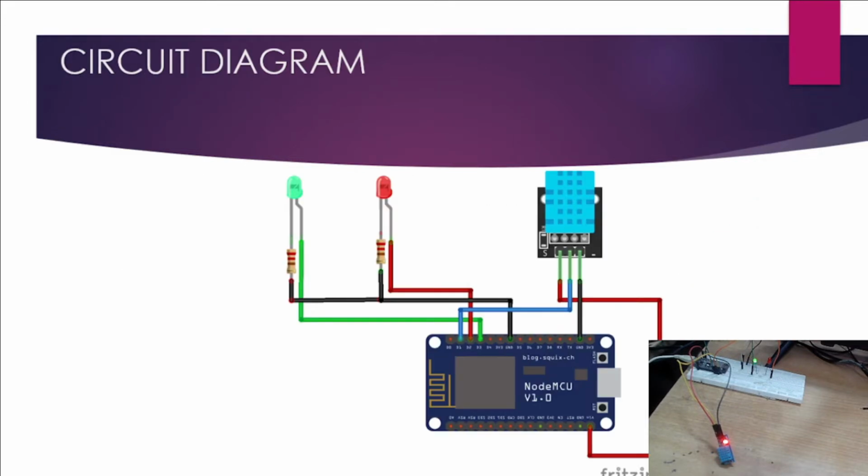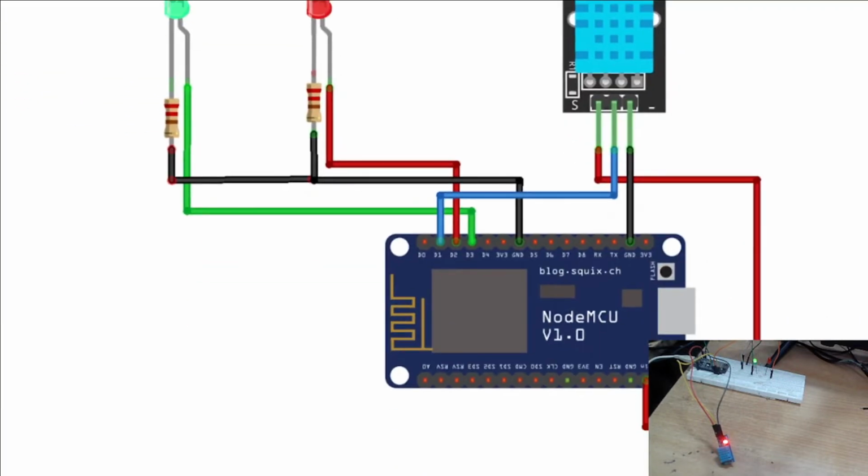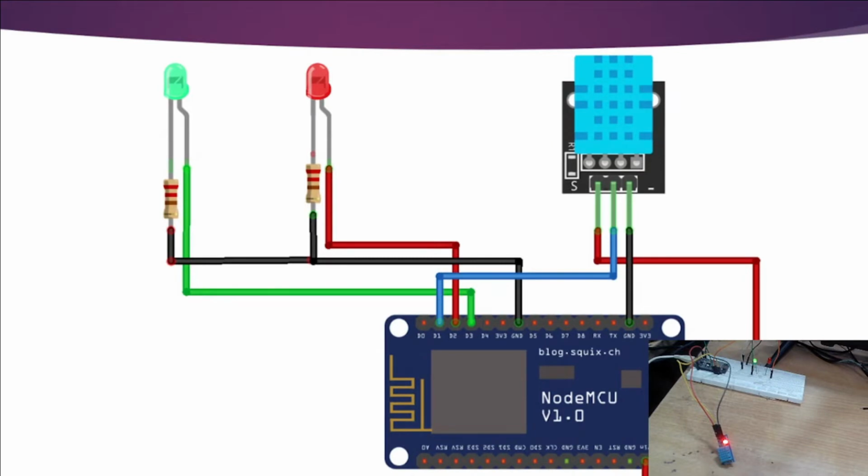Well, the circuit diagram is very simple. Here you can see, let me zoom it. Now you can easily see that we have the D0 pin, which is not connected to anything, but D1 and D2.